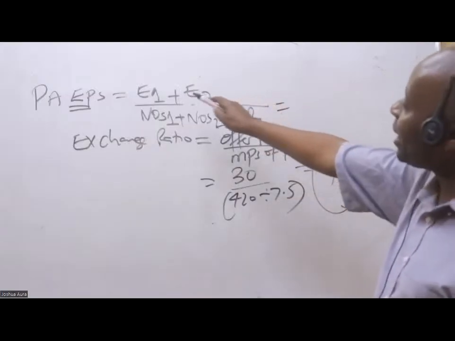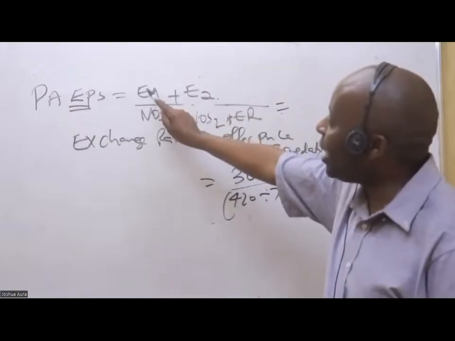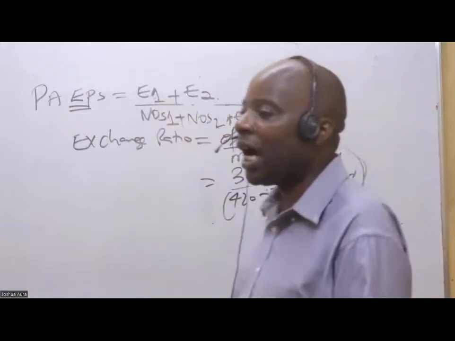Remember, this is earnings of company one. Earnings of company one is the profit after tax.